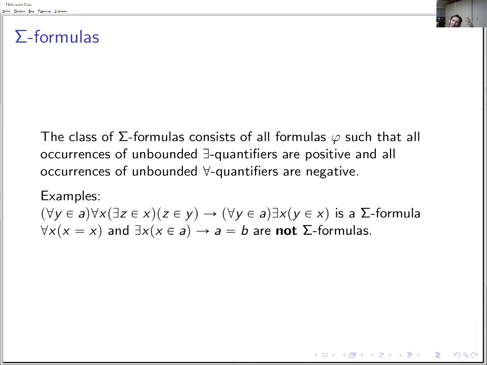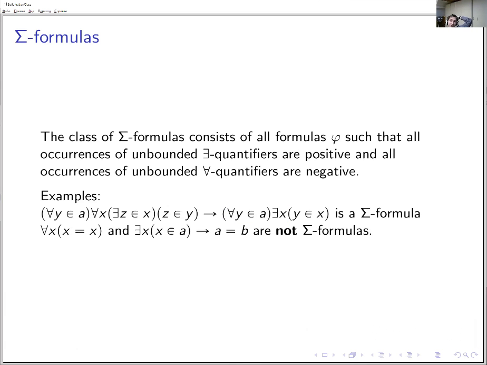The only thing we have done is allow a mixture of unbounded existential quantifiers and bounded quantifiers. In class sigma 1, we had a leading existential quantifier, and only then could we have bounded quantifiers. But now we could have, say, leading bounded universal quantifiers, and only after that an existential quantifier, and so on.